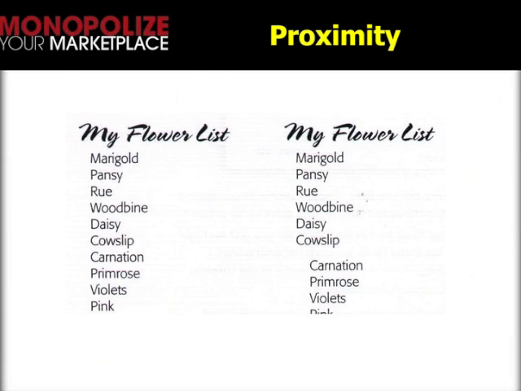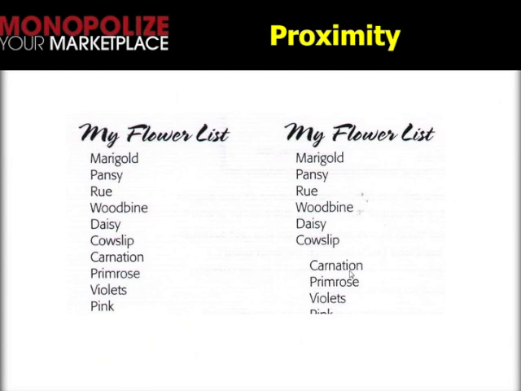We don't necessarily know why they're grouped, but we can see based on the grouping that the person designing this piece wants us to see that there is some sort of visual distinction between the first list and the second list.